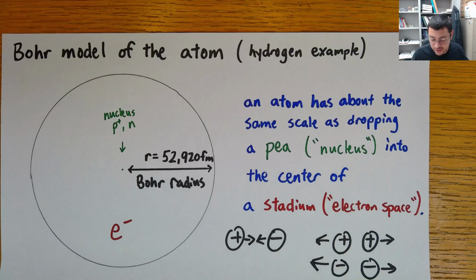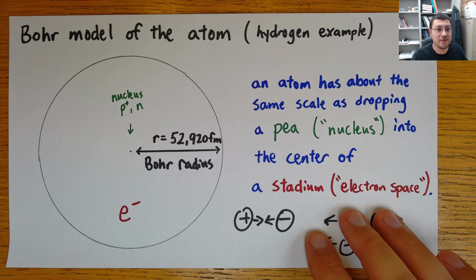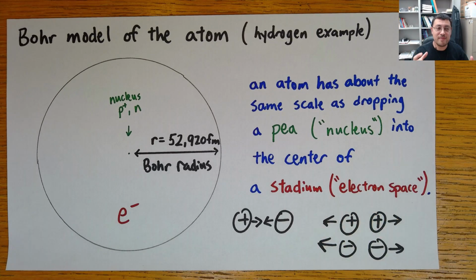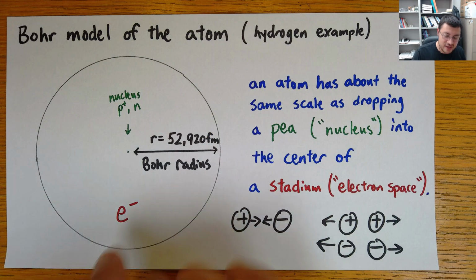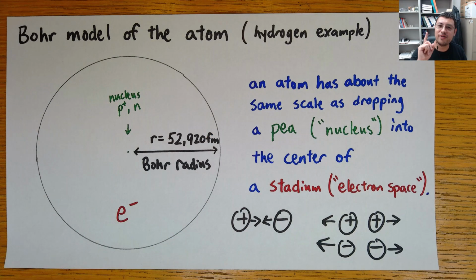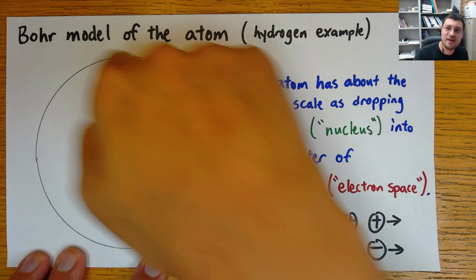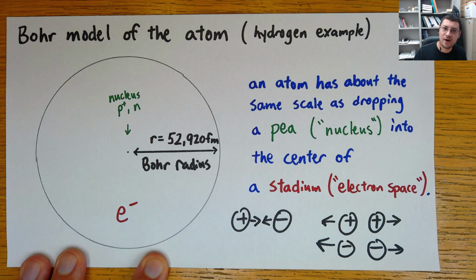All right, so here's the paradox takeaway for the end of this video. Most of the mass of an atom is that nucleus, where you can find the protons and the neutrons. Electrons have very little mass. However, most of the space of the atom is where you can find the electron. All right, and I'll kind of leave it at that.